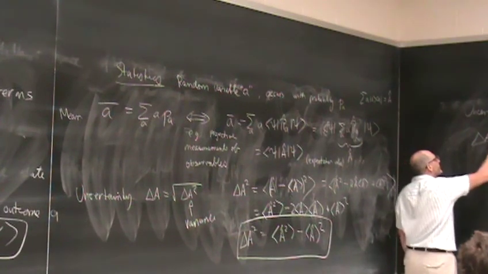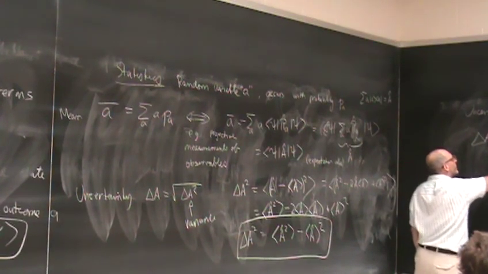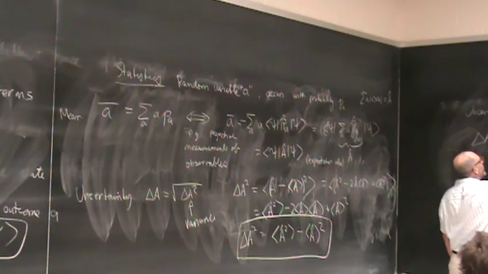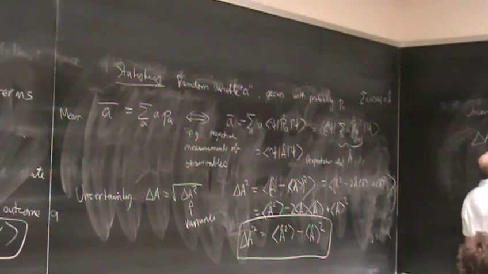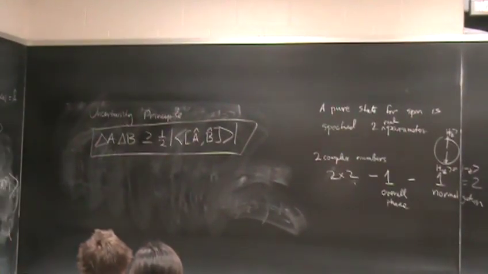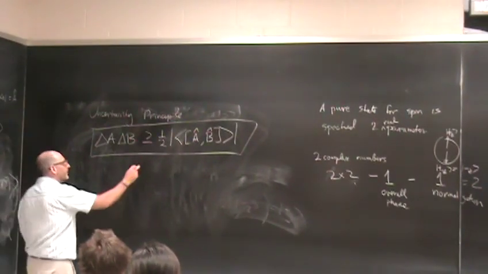The product of the uncertainties for two observables in a given state must be greater than or equal to a half the expected value of the commutator. This is, of course, with respect to a given state.